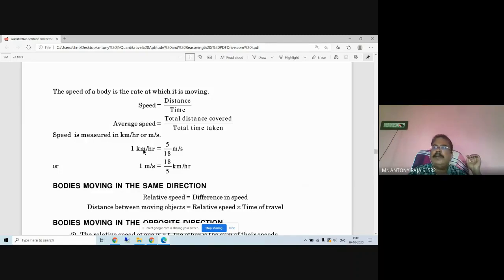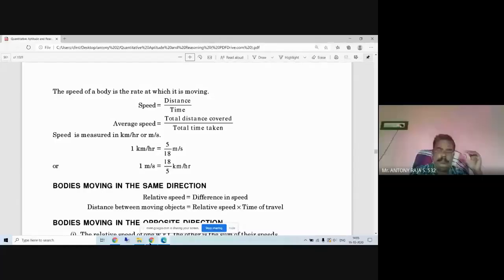1 kilometer is equal to 1000 meter. Kilo is 10 power 3, so 1000 meter. Hour, we know that 1 hour is equal to 3600 second. So you can write here 1000 divided by 3600.